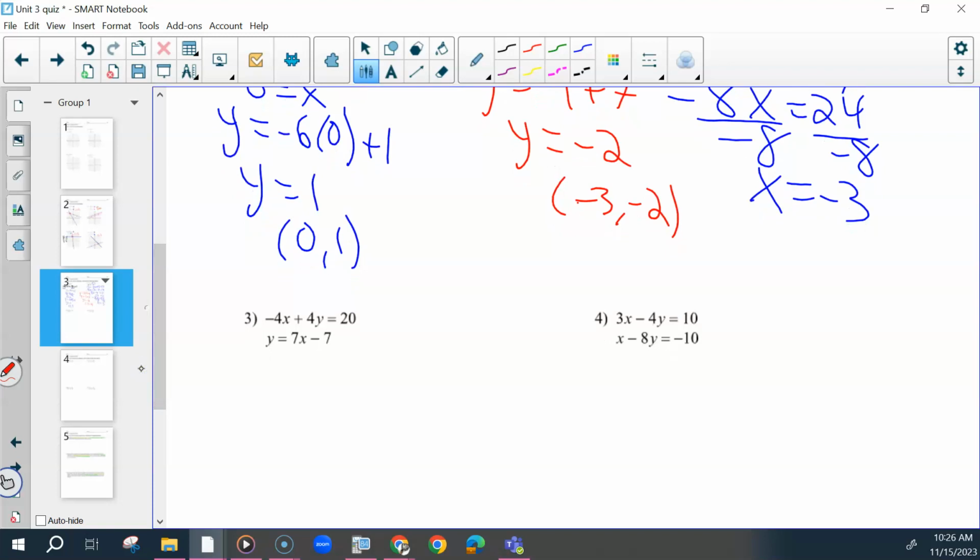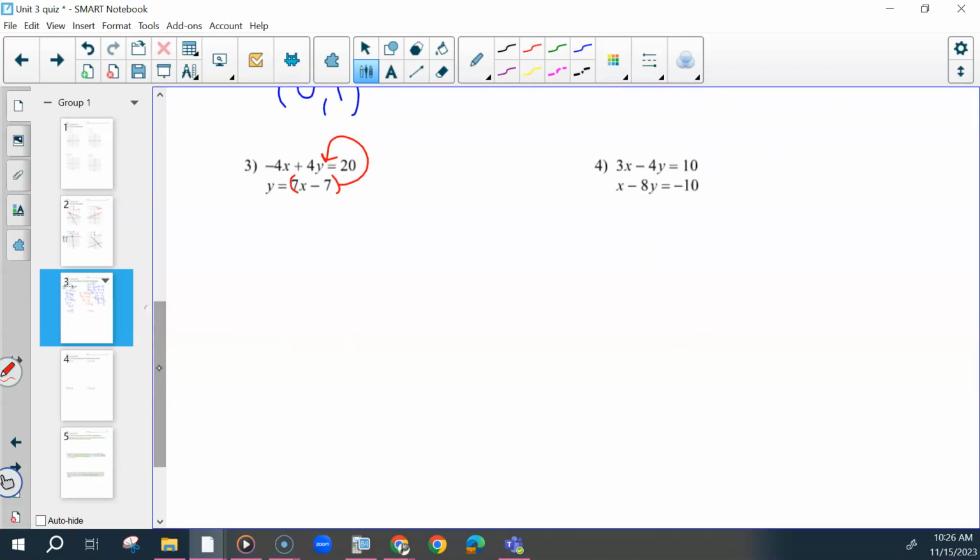Three was very similar. You had an equation. You can substitute this into the y in the other one. So this would be negative 4x plus 4 times 7x minus 7 equals 20. Then the process is the same. Distribute plus equal.